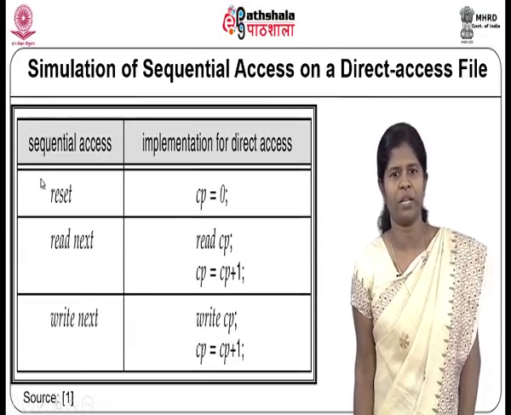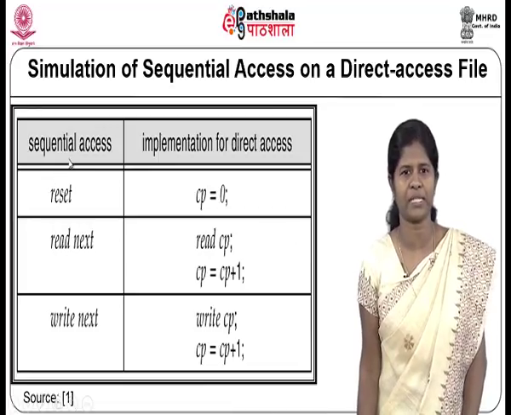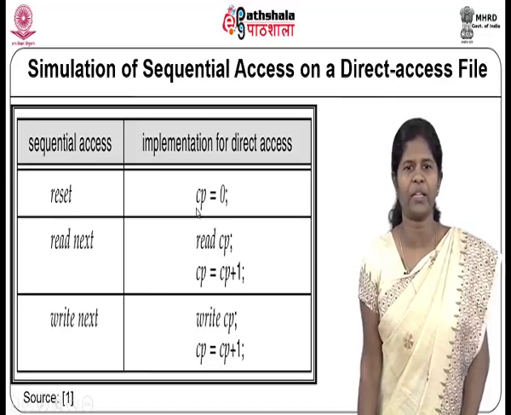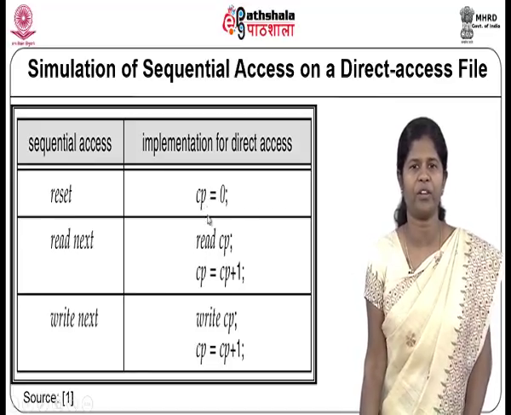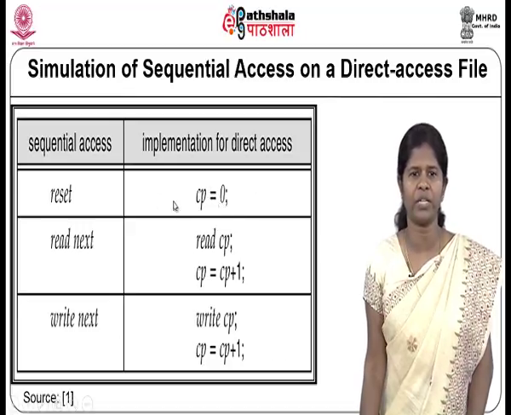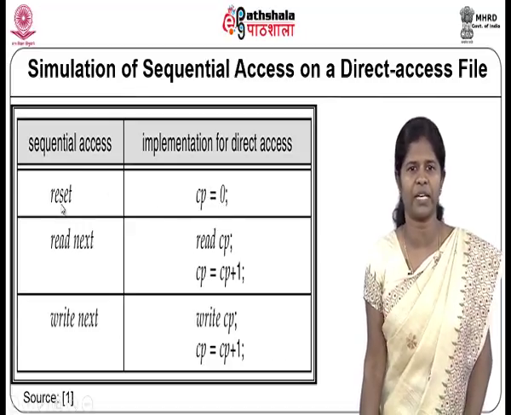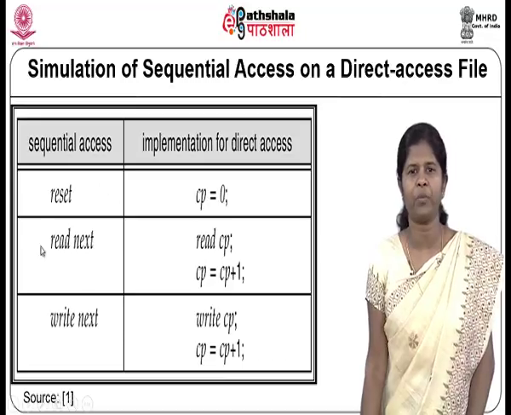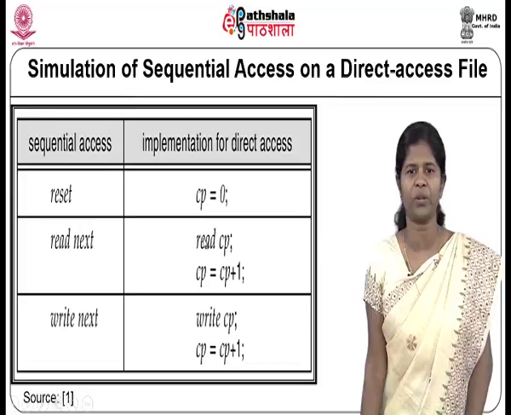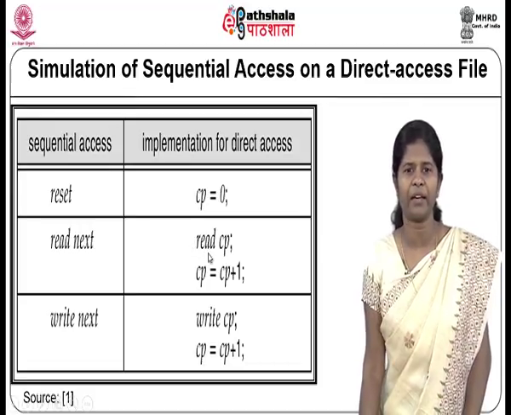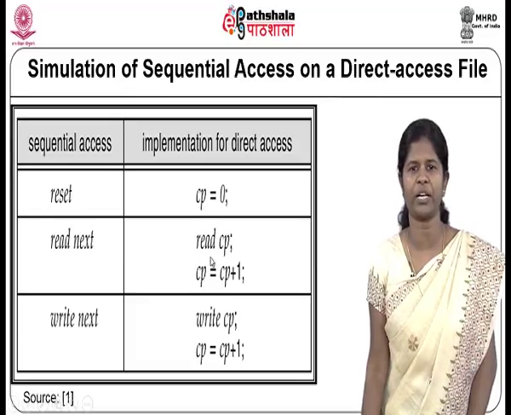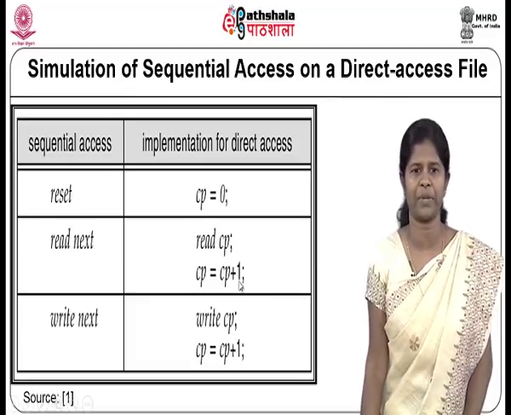If you want to simulate sequential access on a direct access file, then reset is very similar to moving the current pointer from where you are reading to 0. If the current pointer is moved to 0, then it is similar to reset in sequential access. Reading the next block in sequential access can be done similarly in direct access: read the current position, and then increment the current position to current position plus 1.